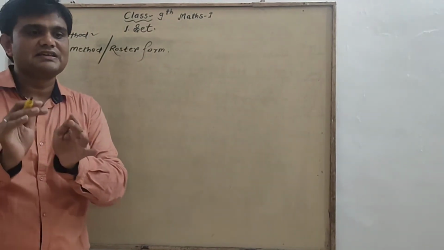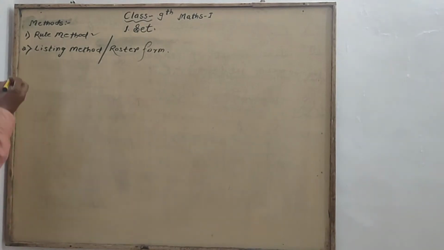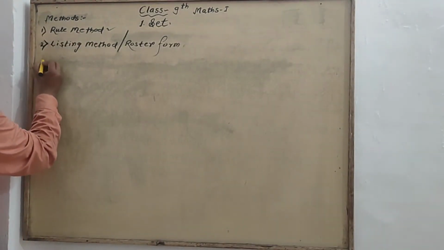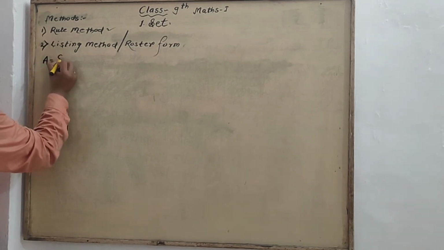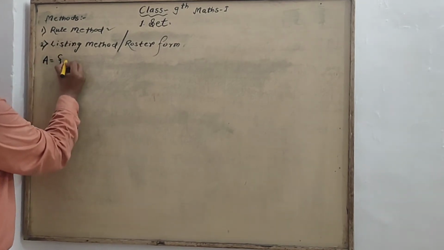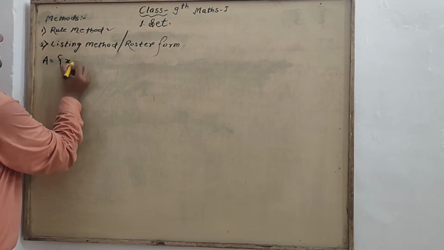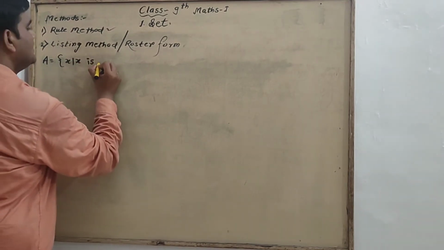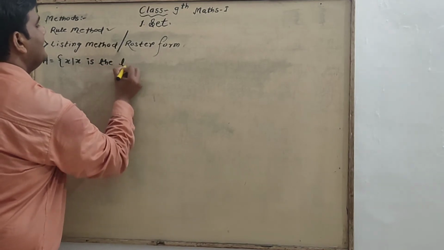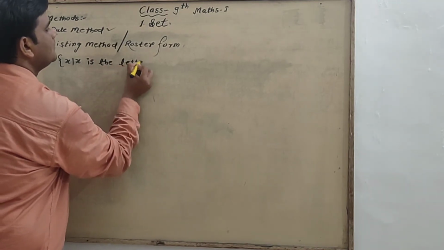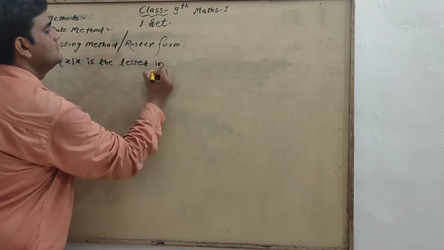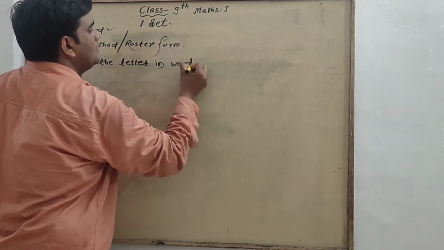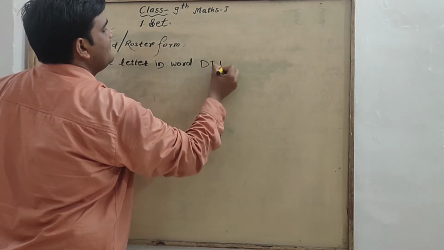Just an example. See here, rule method first. Suppose A is the set and this set contains the elements x such that x is a letter in the word "division".